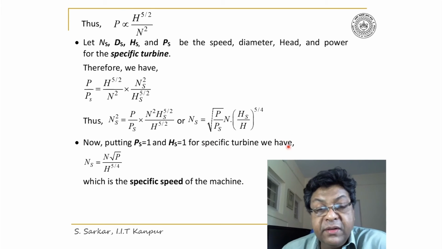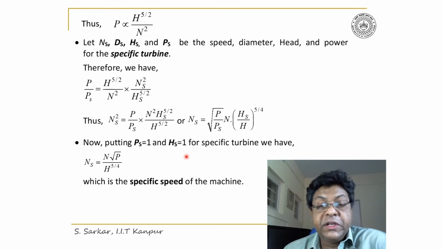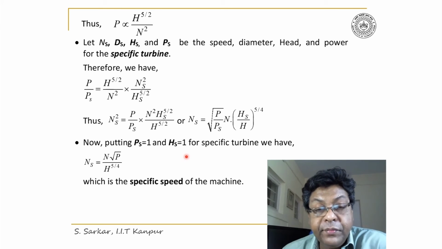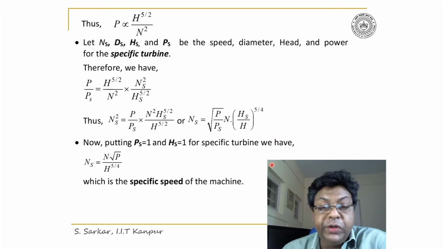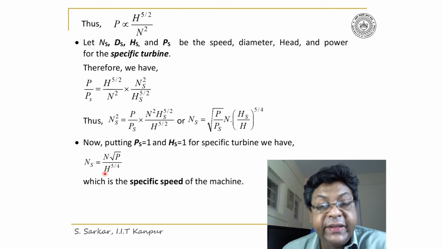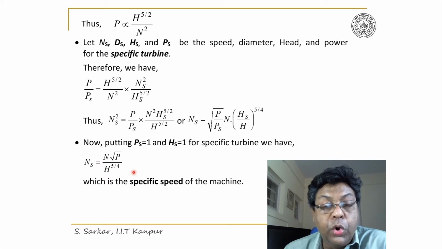Now here put Ps equal to 1 and Hs equal to 1 as per the definition of a specific turbine. By putting Ps and Hs as unity, I will get Ns is equal to N root over P, H to the power 5/4.